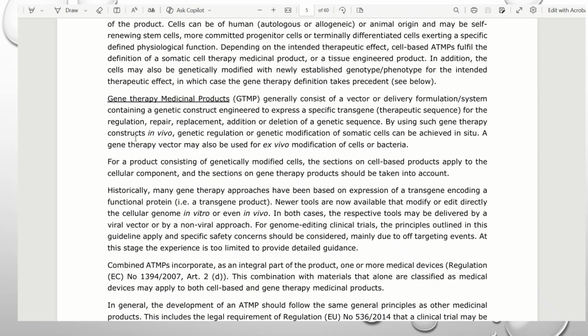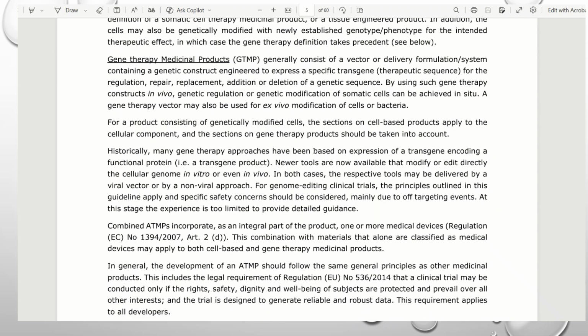Using such gene therapy constructs in vivo, genetic modification of somatic cells can be achieved in situ. That's a different scenario to LAT101 or LAT202. A gene therapy vector may also be used for ex vivo modification of cells, which is our case.